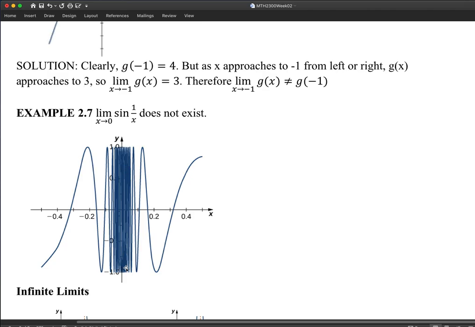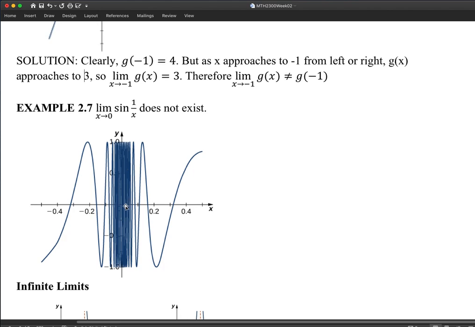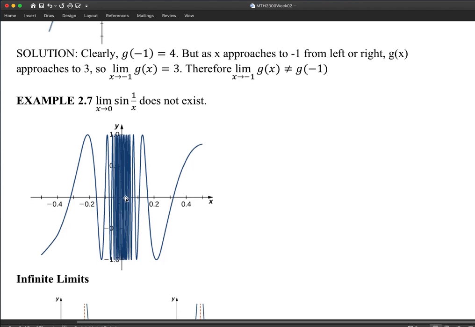So you cannot say that as x approaches 0, sine of 1 over x is approaching anything at all, right? It just oscillates very quickly. So clearly, this is another case where the function does not have a limit.